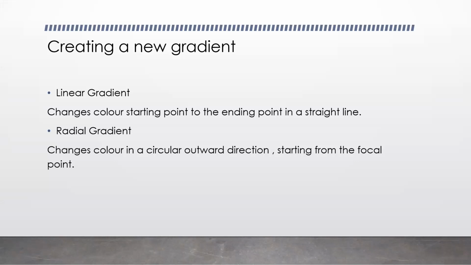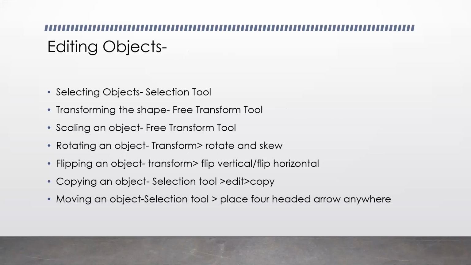Next is modifying a linear gradient. When you have to modify a particular gradient, you have to cover this from the book only. Imagine that you have inserted a shape in your MS Word. Please try to do that. When you insert a shape in MS Word, you will see a rotation mark at the top of your shape.